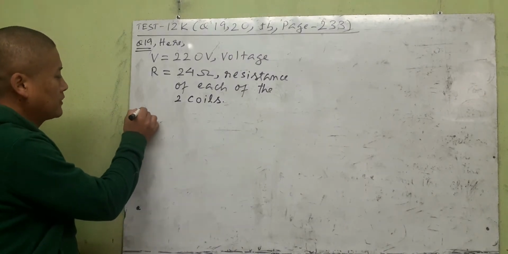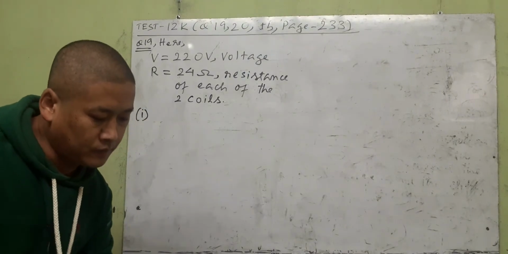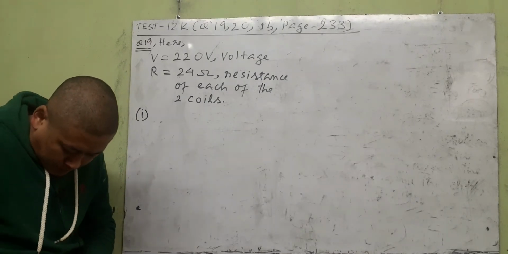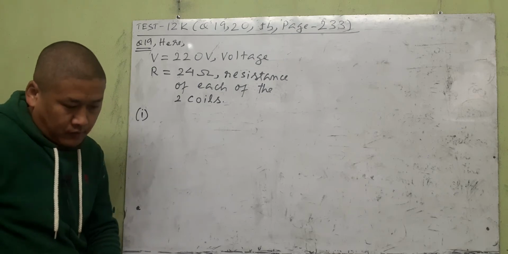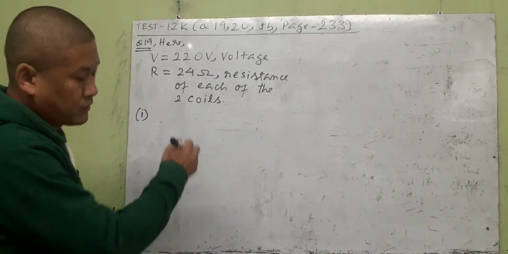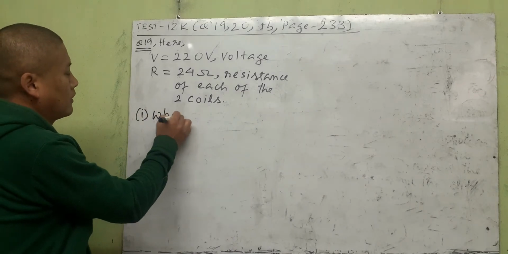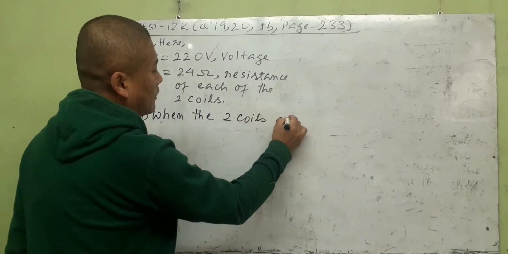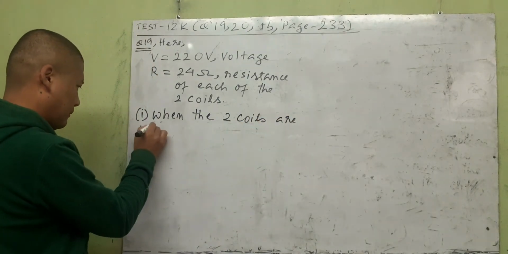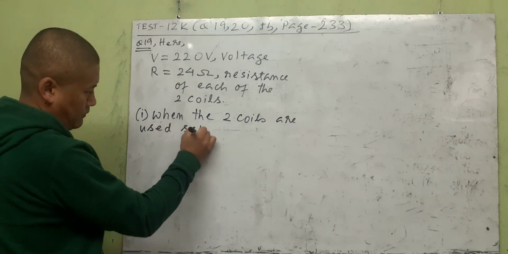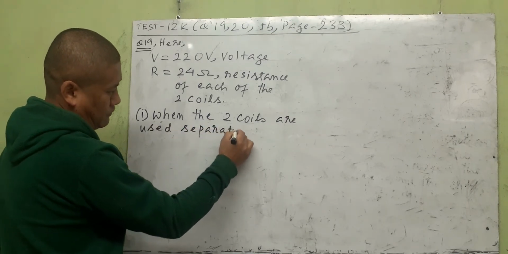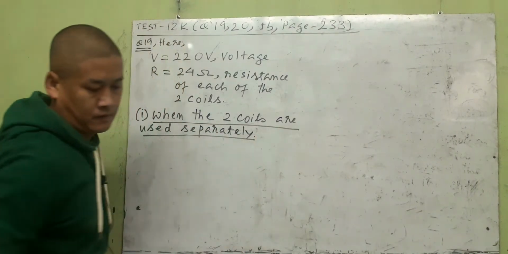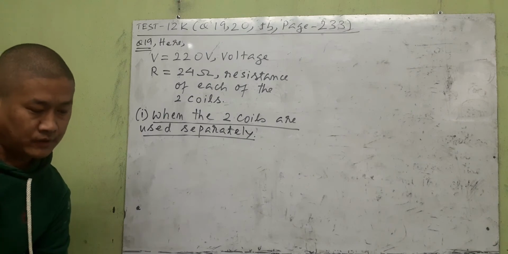The current flowing in the first case is what we have to find when the two coils are used separately, okay? So when the two coils, resistance coils, are used separately, that means individually, in other words.